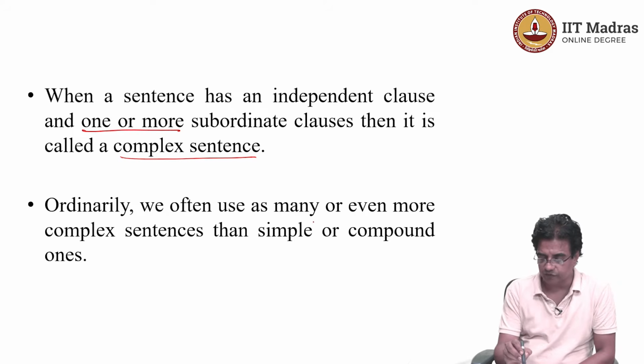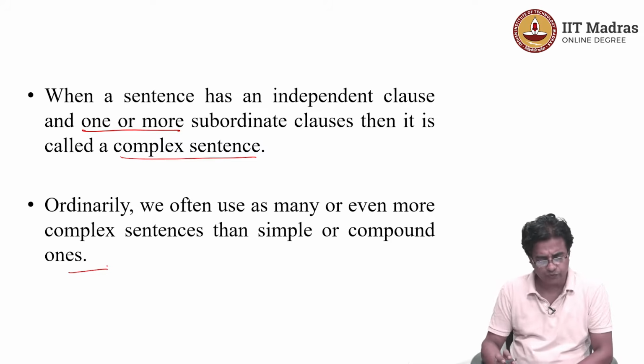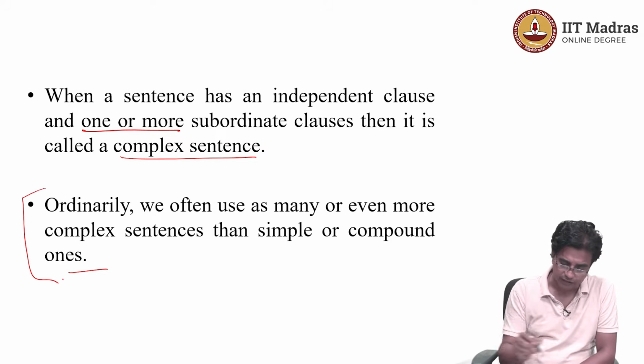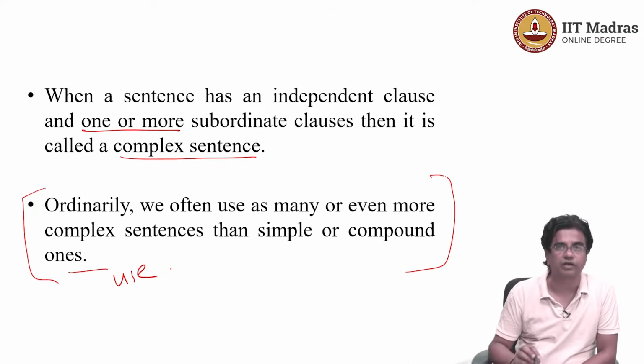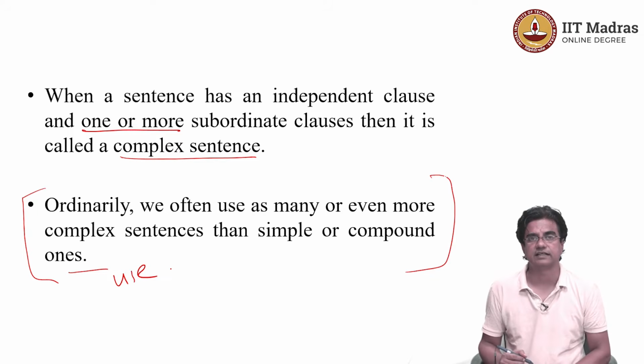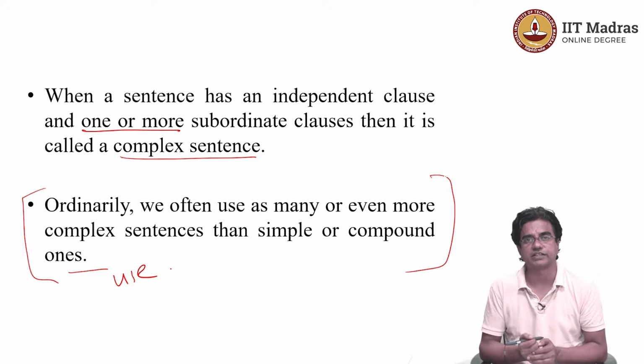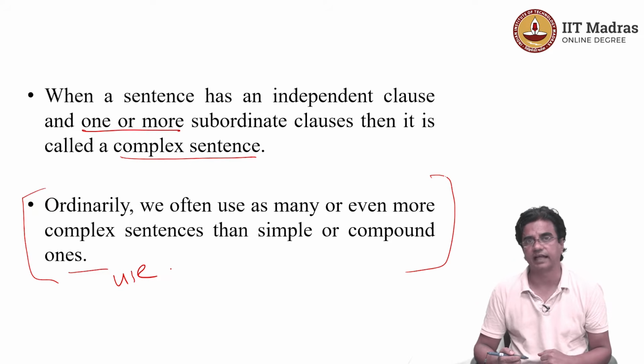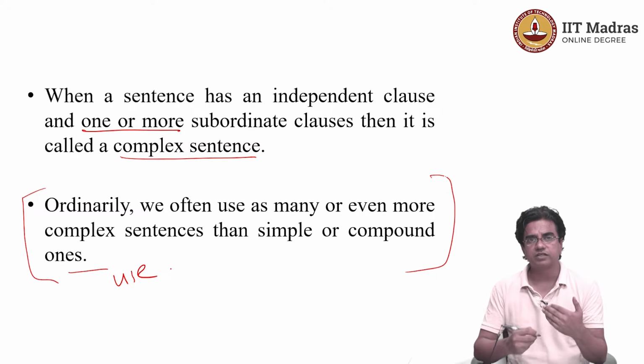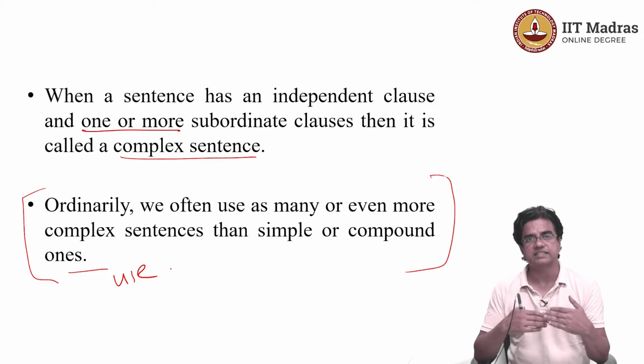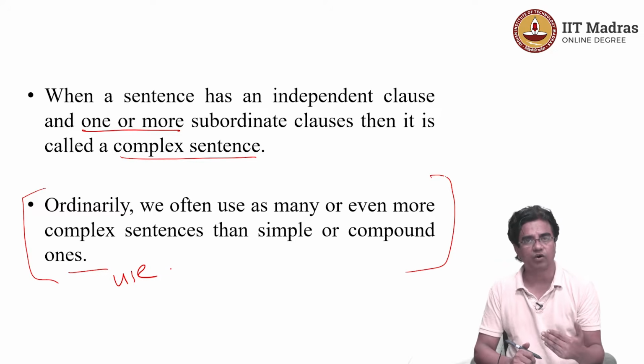Ordinarily, we often use as many or even more complex sentences than simple or compound sentences. So, this part simply tells you that for the use of complex sentences, compound sentences, that is two sentences connected together, or simple sentences, we have a lot of freedom. But we do use complex sentences a lot when we speak or write.